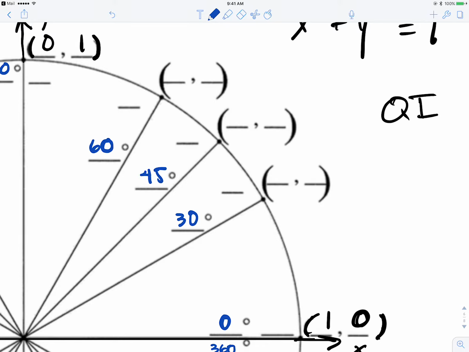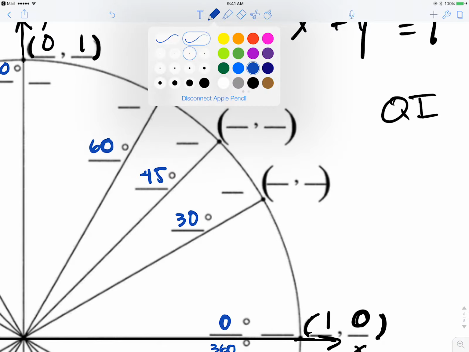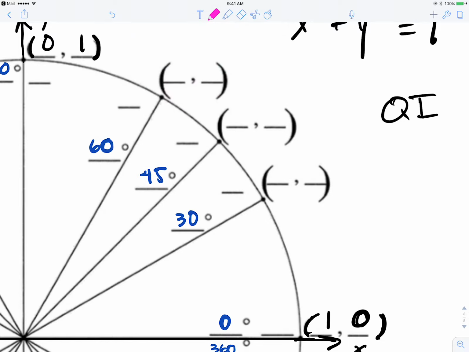To do that, I'm going to drop, what color should I use? Use pink. I'm going to drop a perpendicular here from this first point to create a right triangle.